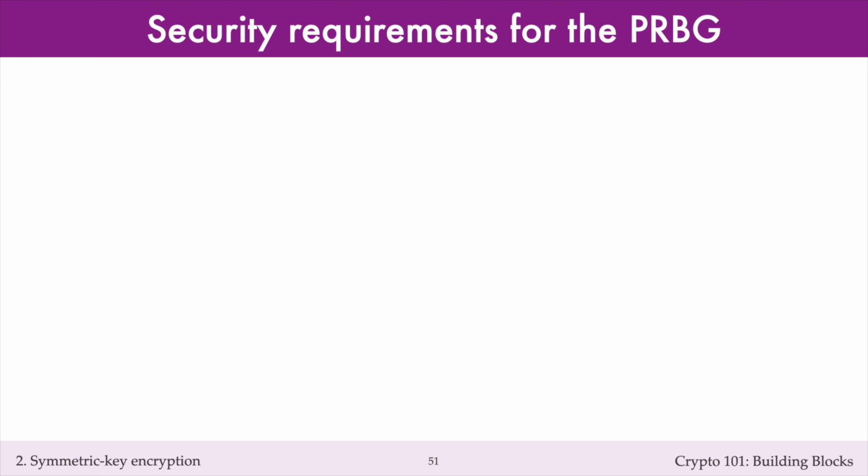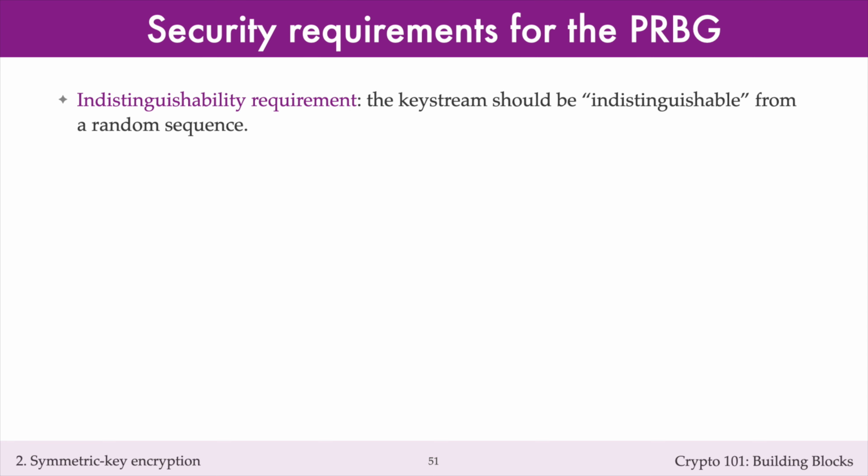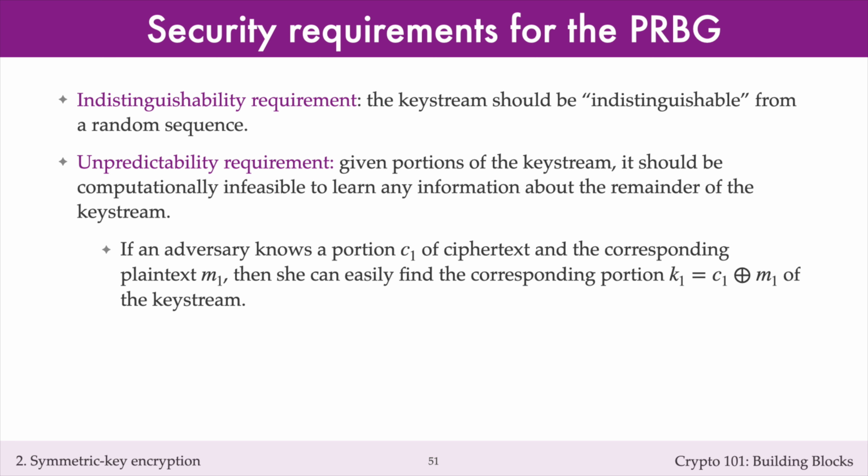There are two security requirements for the pseudorandom bit generator used in the stream cipher. First, the keystream produced by the pseudorandom bit generator should be indistinguishable from a purely random sequence. This is the indistinguishability requirement. Second, we have to assume that the adversary knows a portion C1 of the ciphertext and the corresponding plaintext M1.